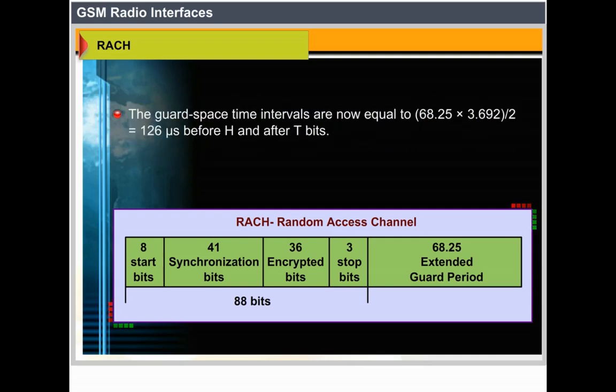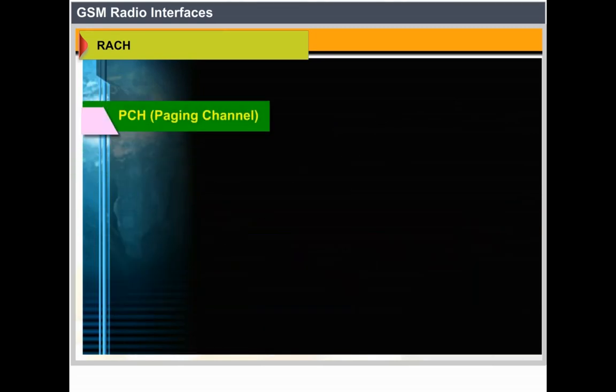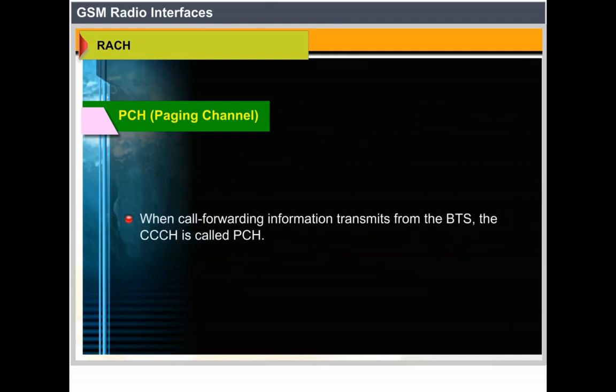The guard space time intervals are now equal to 68.25 × 3.692/2 = 126 µs before the H and after the T bits. PCH, paging channel. When call forwarding information is transmitted from the BTS, the CCCH is called PCH.